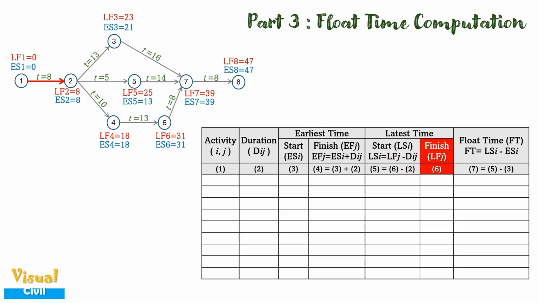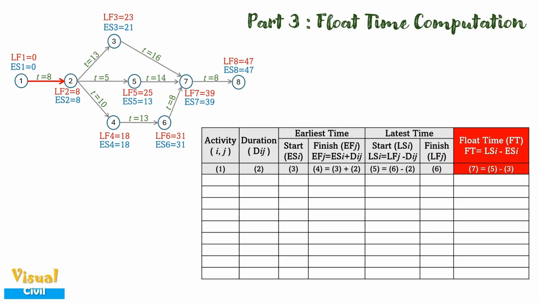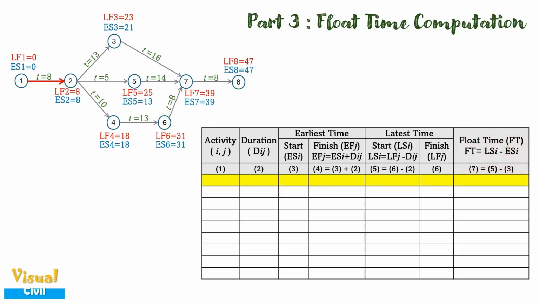Column 6 shows the latest finish time of event j, which is already computed using the backward pass method in stage 2. In column 7, the float time is computed by subtracting earliest start time from latest start time. Now, let us start the computation.